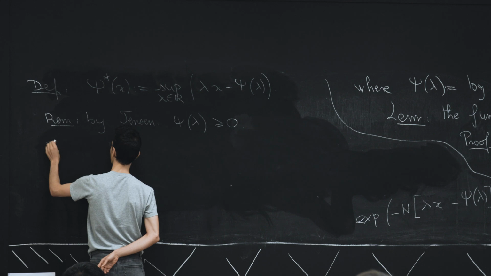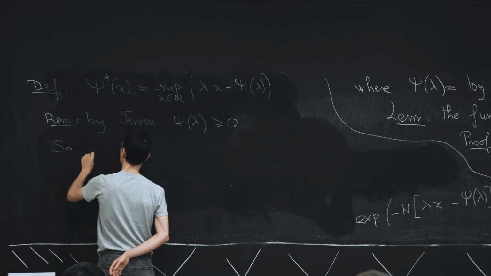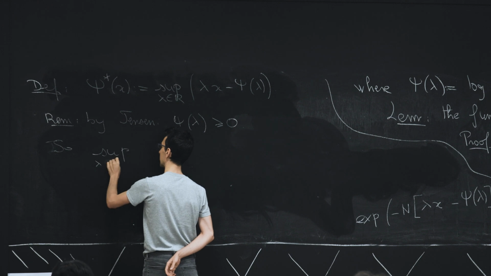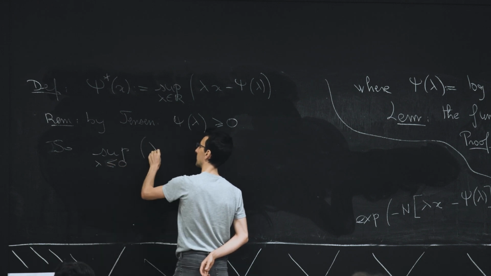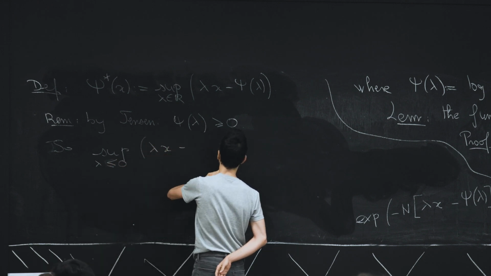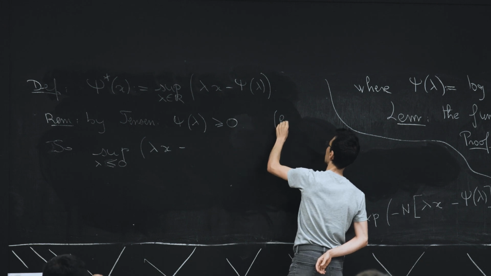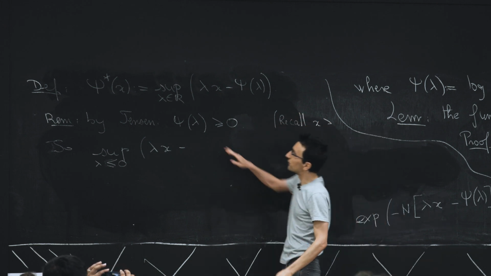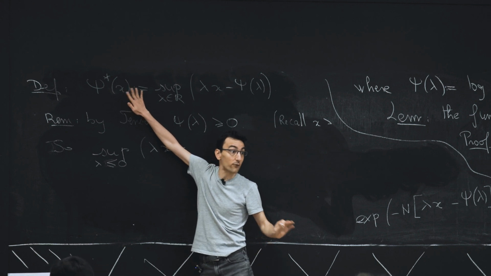So observe, let's say, lambda negative. Okay, so recall, this is a definition that I take as valid for every x.